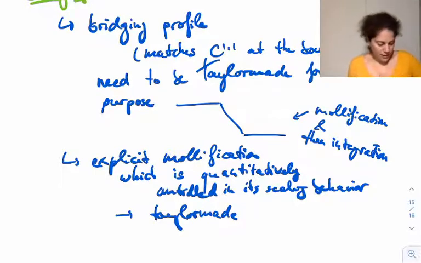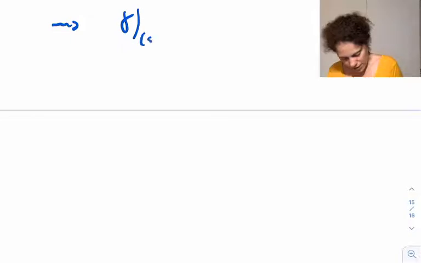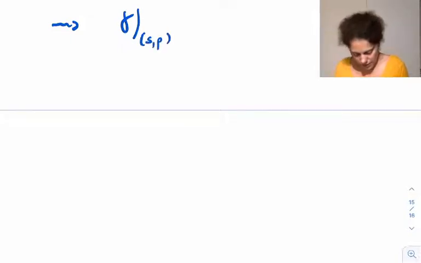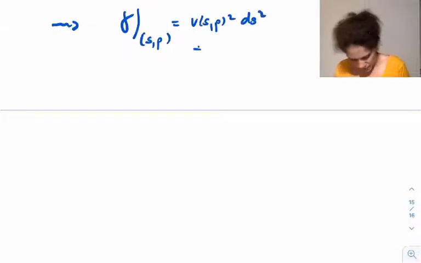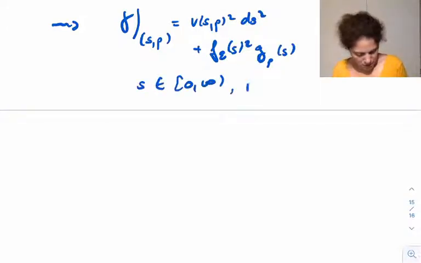So all of this, then, hoping that the battery of my pen has recovered, allows us to get the metric of the form v at some parameter s and some point p on the sphere equals v of s and p squared ds squared plus some f epsilon of s squared g p of s, for s in 0 infinity and p in the sphere.